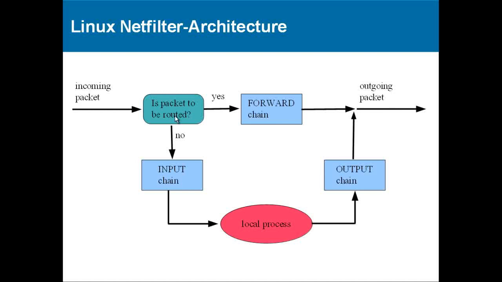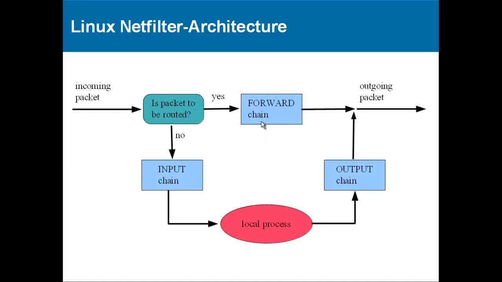If the packet is not to be routed, then of course it's for the machine itself, and it's going to go through the input chain before, if the packet is accepted, it goes to a local process. If a packet is generated by a local process, it goes through the output chain if it's for an outbound interface. And if a packet is coming in, is not for a local process but actually destined to be routed out on another interface, it's going to go into the forward chain.